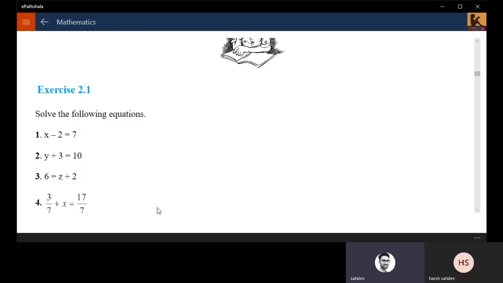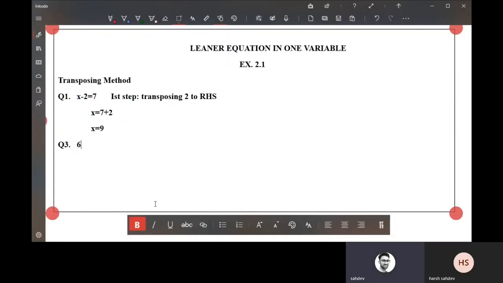Over here y is a variable, this is also z. 6 equals to z plus 2. Let's do this one. 6 equals to z plus 2.